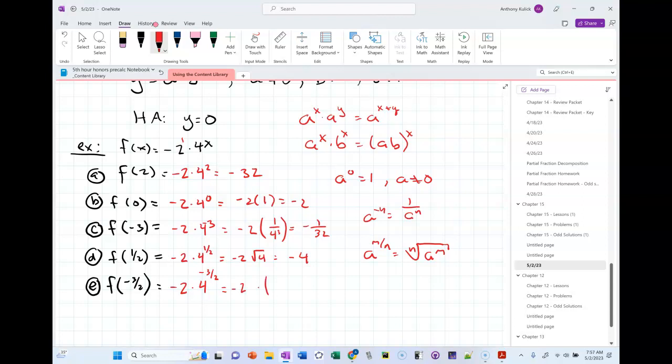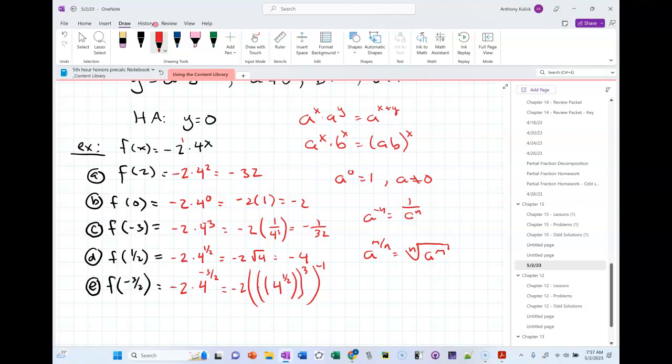What I would think about is I would separate out the parts of that exponent into 3 parts. So I think about the 1/2, the third, and then the negative, all separately.